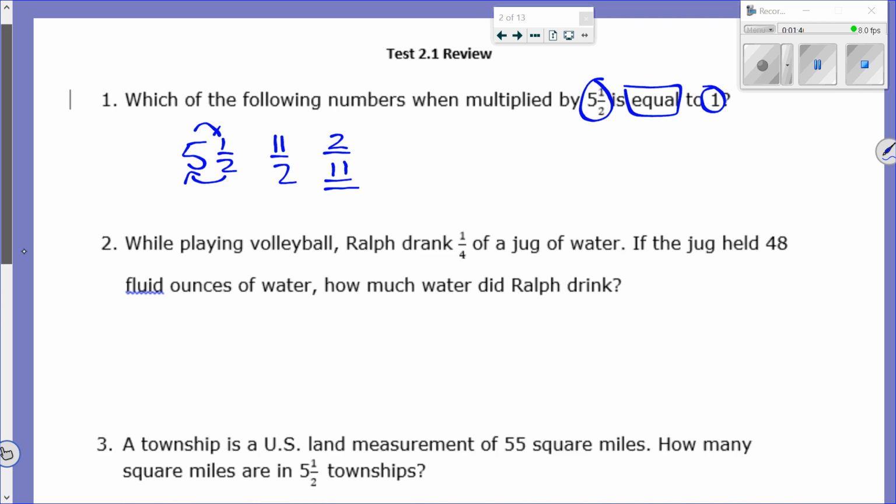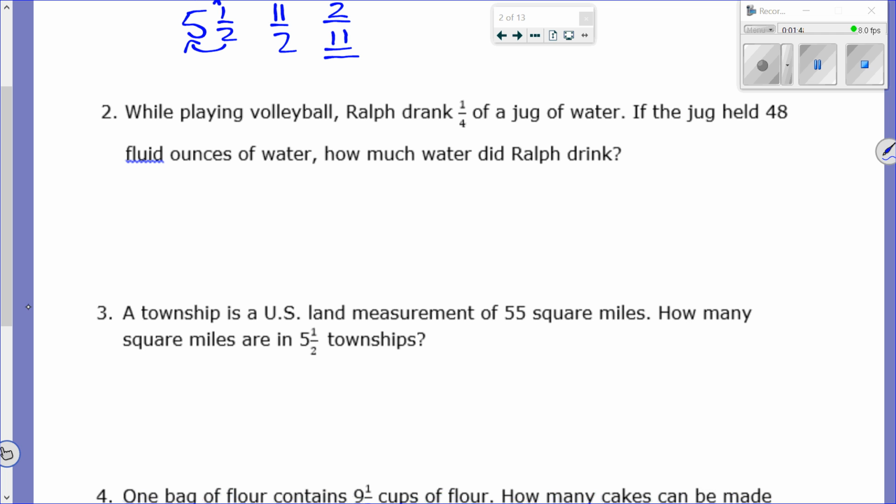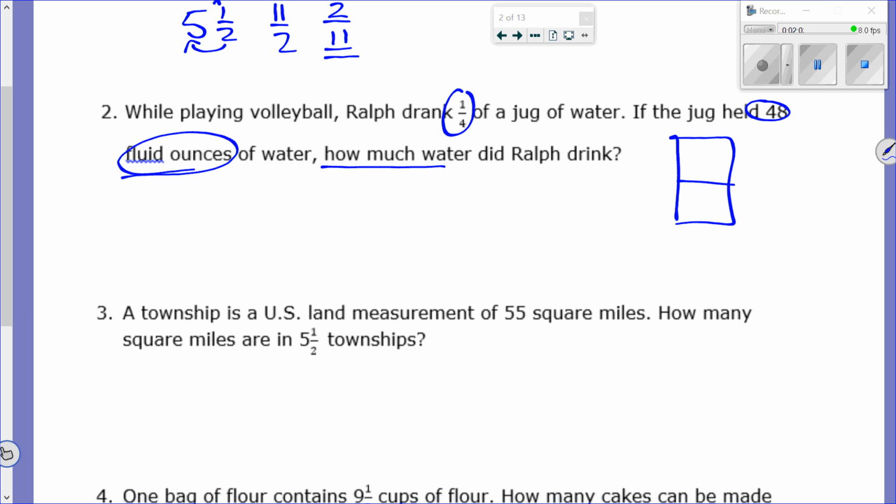Okay, number 2. Playing volleyball, Ralph drank 1/4 of a jug of water. If the jug held 48 fluid ounces of water, how much water did Ralph drink? This is actually, for me, an easy one to help visualize. Just draw the jug. Say, okay, he's drinking 1/4 of it. The whole thing is 48. So what would one section of that be? 12.